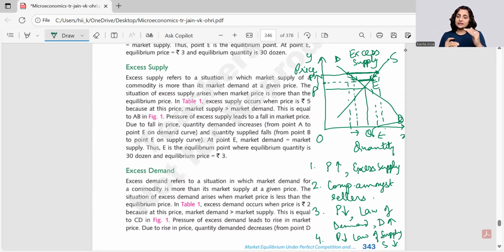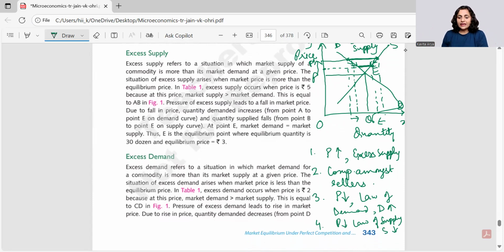So this process of fall in the price and the expansion of demand and contraction of supply keeps on repeating, right? Repetition happens of this phenomena, and then what would we have? This would come down, then we would have this less but still some excess supply there, right?